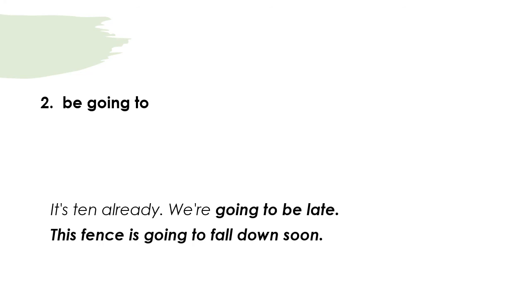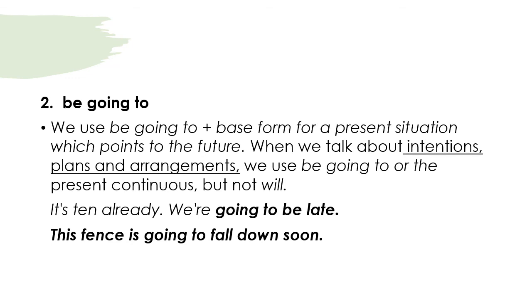The other way of writing future forms is be plus going to. We use the be form plus going to plus the base form for a present situation which points to the future. When we talk about intentions or plans or arrangements, we use be going to or the present continuous, but not will.